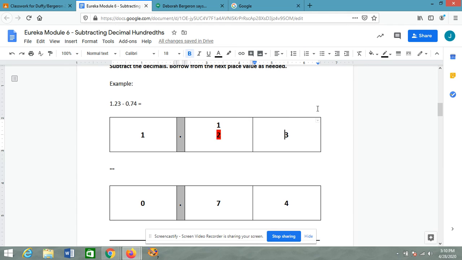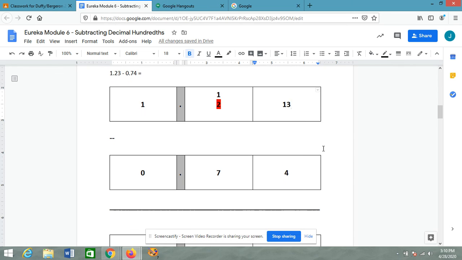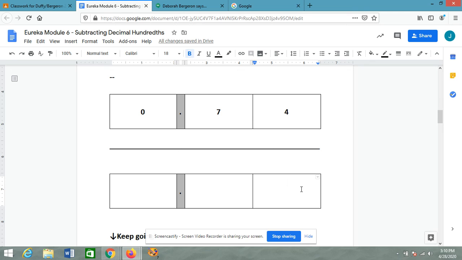We brought it over here where it becomes 10 hundredths. Imagine we took that 1/10, brought it over here, it's 10 hundredths. And then we can write it as 10 hundredths plus 3 hundredths, 13 hundredths. 13 hundredths minus 4 hundredths, that's 9 hundredths.